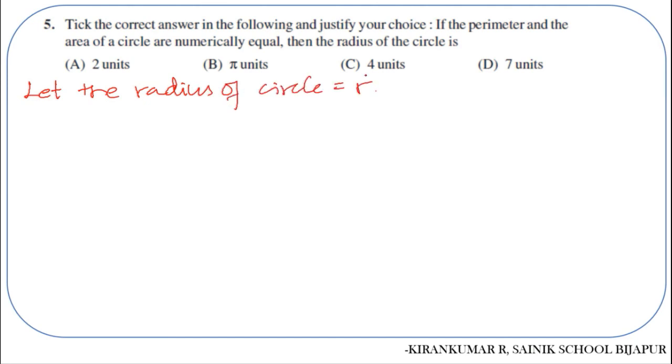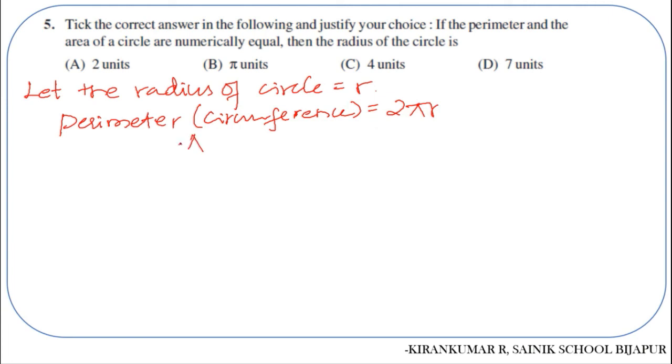The perimeter is the same as the circumference, which will be equal to 2 pi r, and the area will be pi r square.